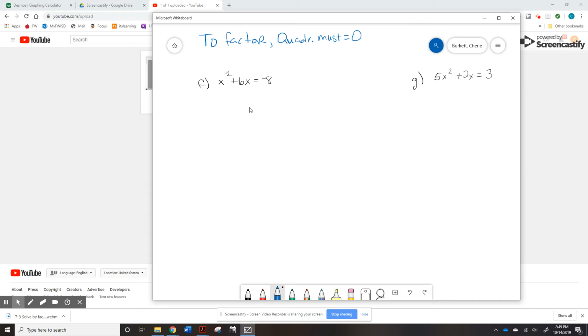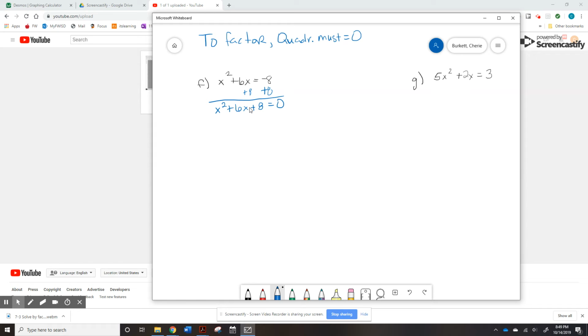So this needs to be 0. So how do you make a negative 8 a 0? You add positive 8 to it. And what we do to one side, we have to do to the other side to maintain equality. So x squared plus 6x. No, you can't really add those together. Why? They're not like terms. You can't add the 8 and the 6 together. The 6 is attached to the x. That's 6 x's. You can't add 8 to 6 x's.